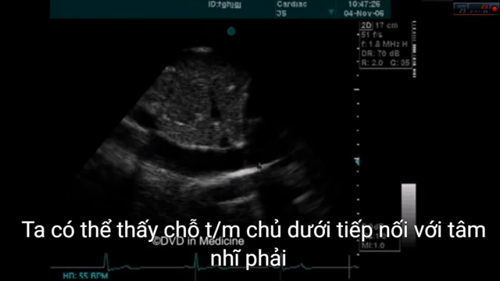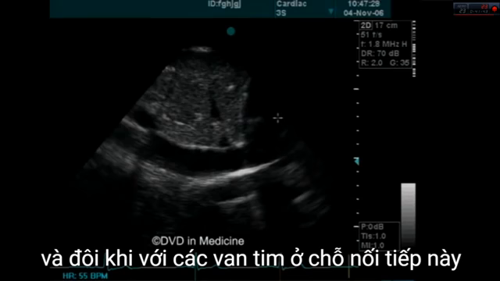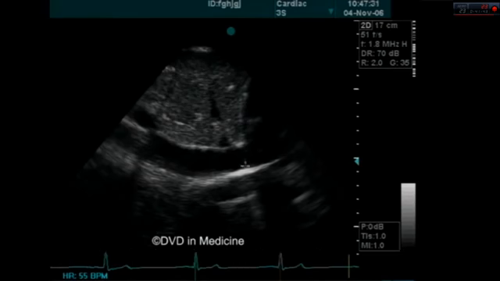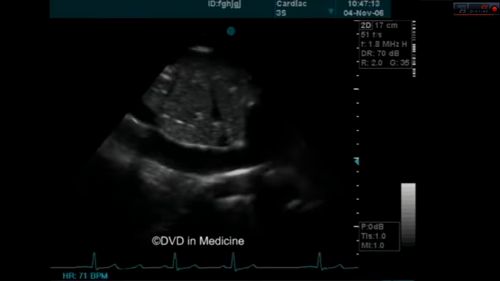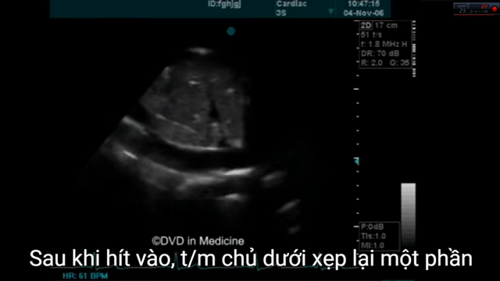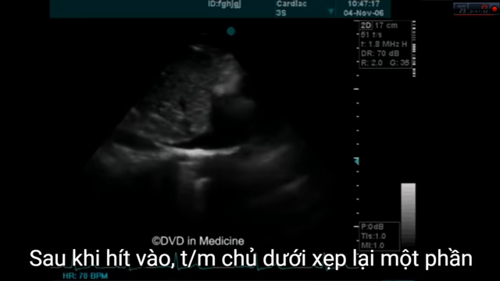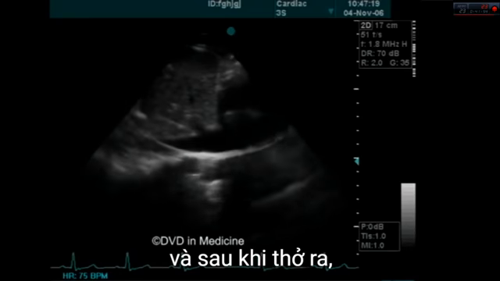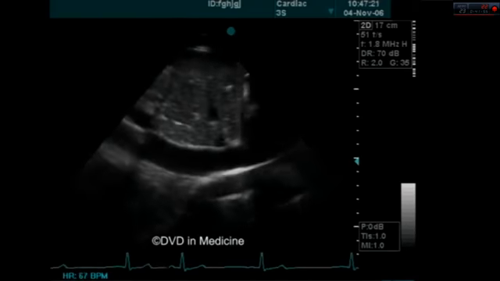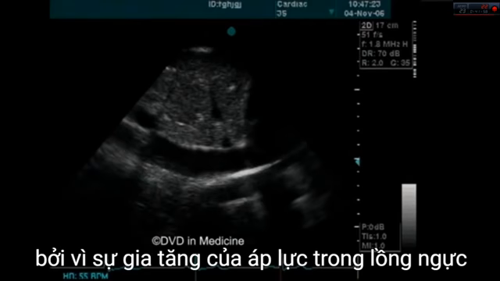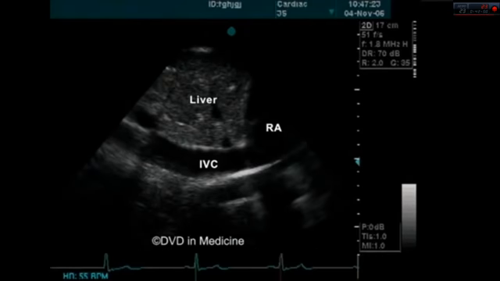One can see the place where the inferior vena cava connects with the right atrium and sometimes with the valve at this junction. After inhalation, the inferior vena cava partially collapses, and after exhalation, it dilates because of an increase of intrathoracic pressure.